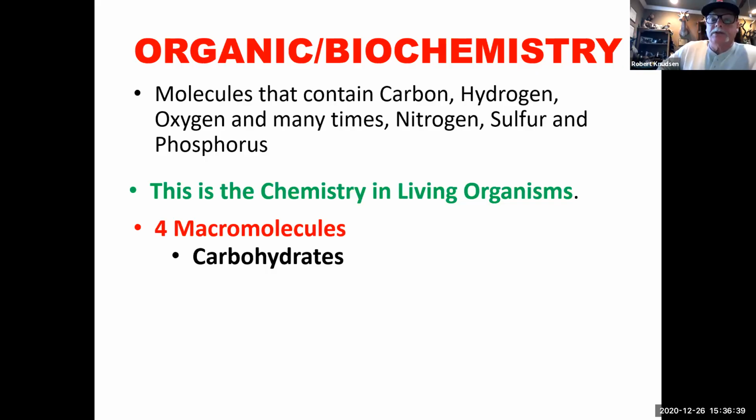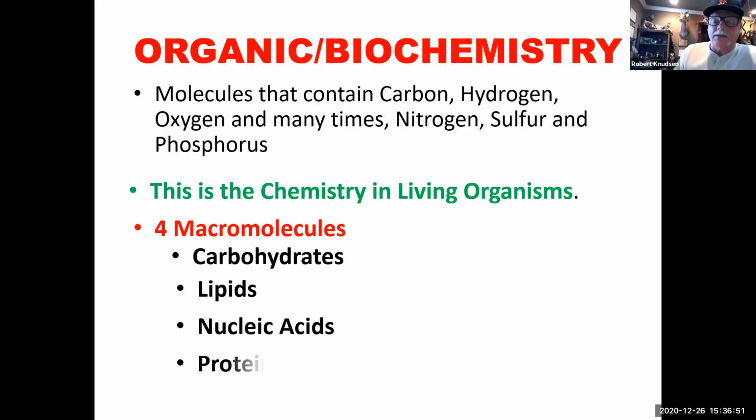So it says this is the chemistry of living organisms. And then four macromolecules. I went back to red, there's four. Now I'm listing them: carbohydrates, lipids, nucleic acids, and proteins.